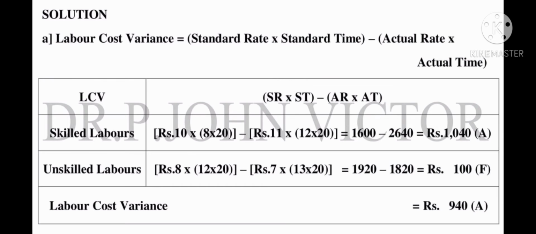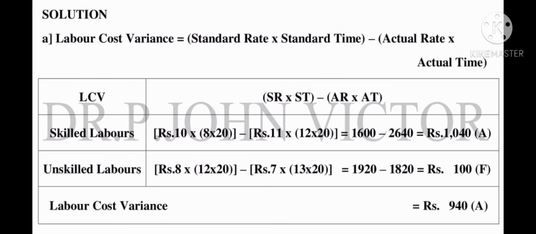Take the first one, skilled labors. The standard rate is rupees 10 into standard time, that is 8 workers into 20 hours, 8 into 20. Then the actual rate for skilled labors is 11 rupees, actual time 12 workers into 20 hours.